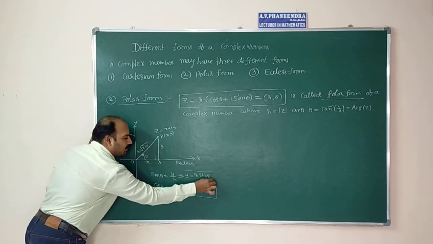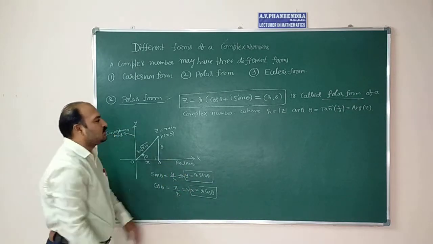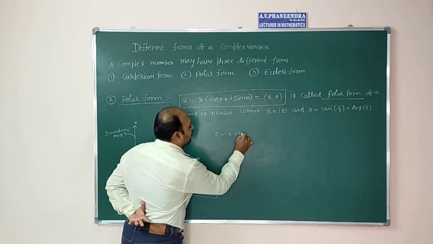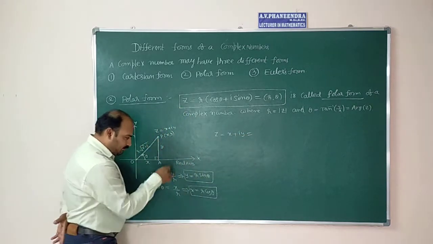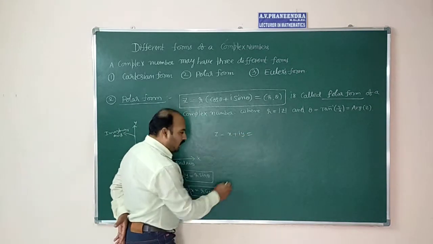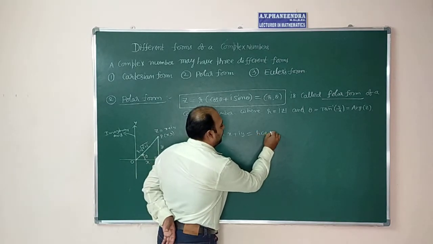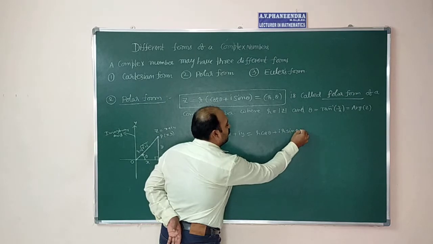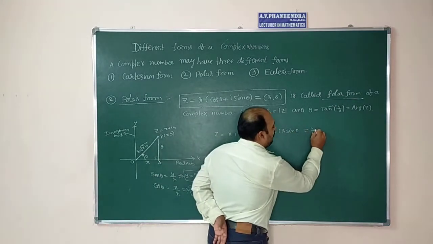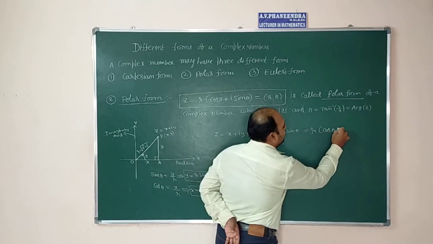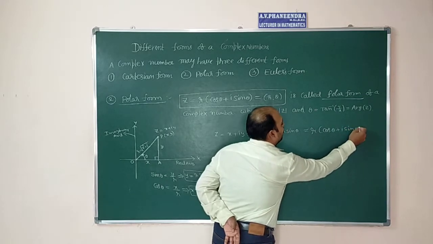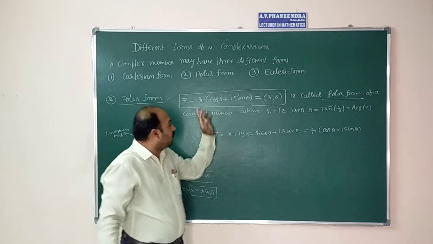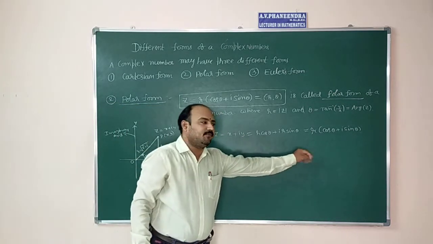So in the complex number, if you substitute these x and y values, we get z is equal to x plus iy, which is equal to r cos theta plus i into r sin theta. Taking r common, r into cos theta plus i sin theta. Therefore, whenever the complex number is represented in polar form, it should be in terms of theta.